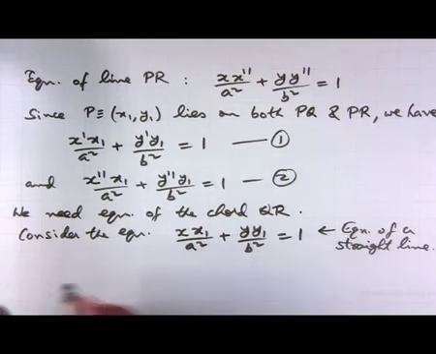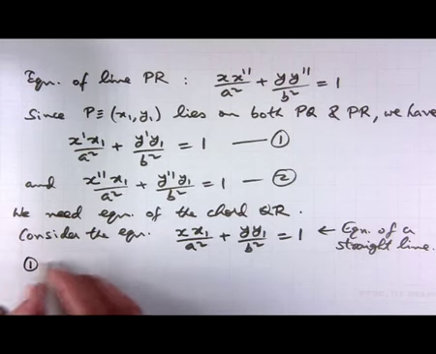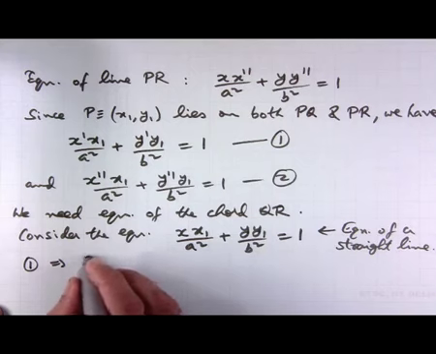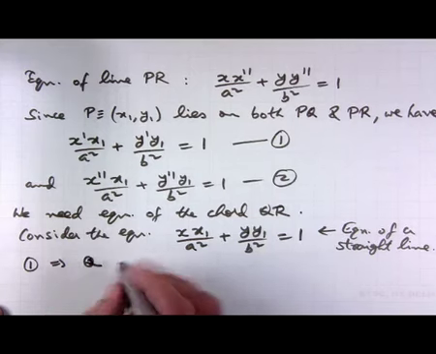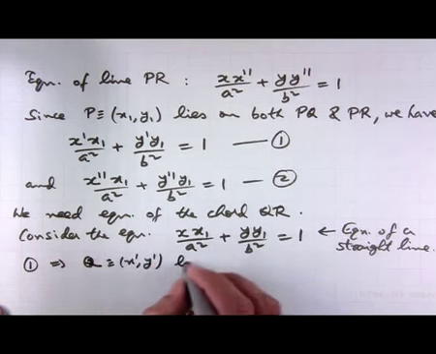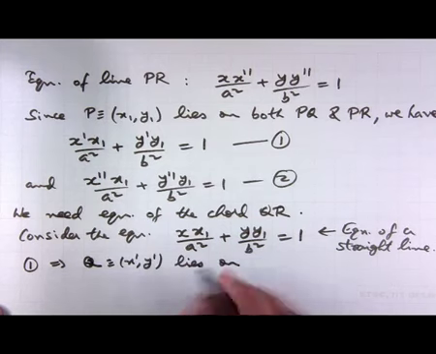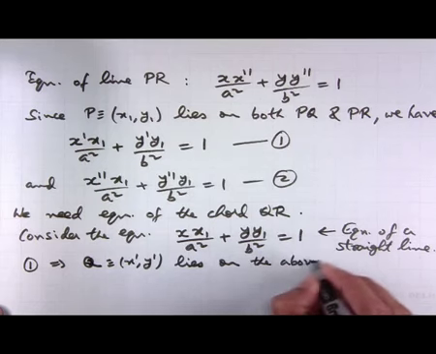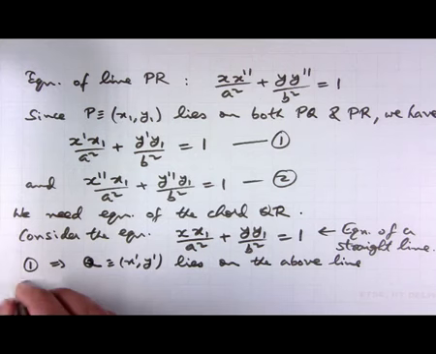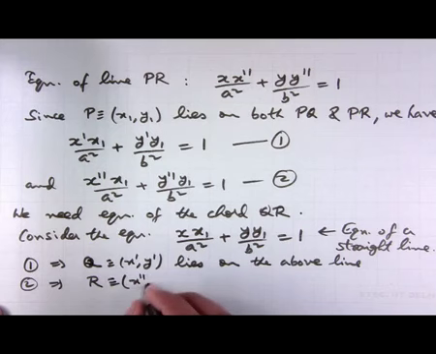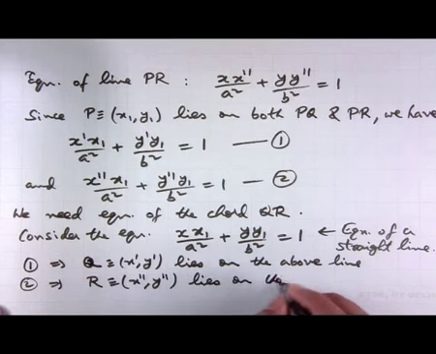Note that 1 implies point Q, which is (x', y'), lies on the above line, and 2 implies the point R, whose coordinates are (x'', y''), also lies on the same line.